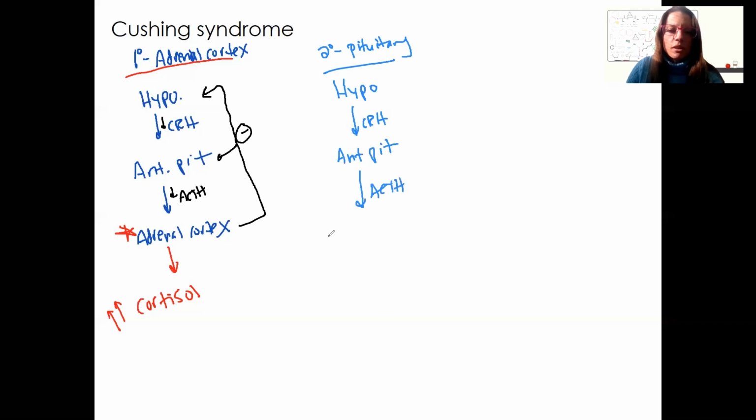We are still targeting the adrenal cortex. And I'm going to draw in red again the cortisol, because red is meaning too high. Cushing syndrome is indicated by high cortisol. However, in this case, the pathology is here at the anterior pituitary gland.